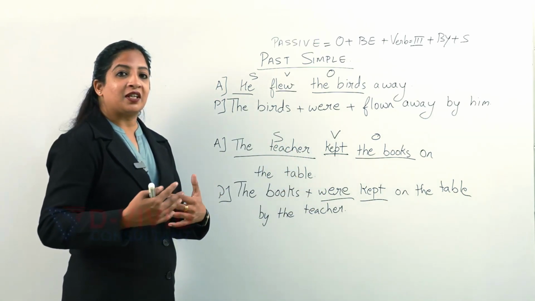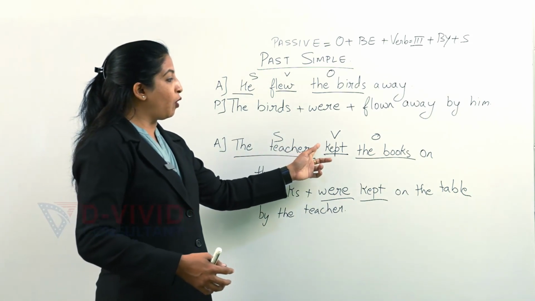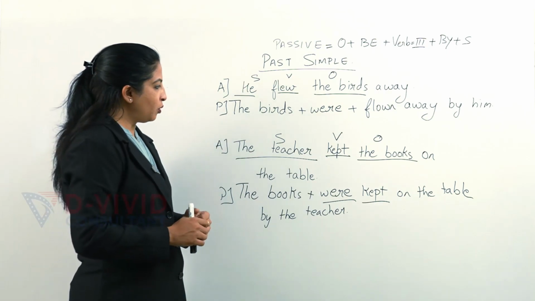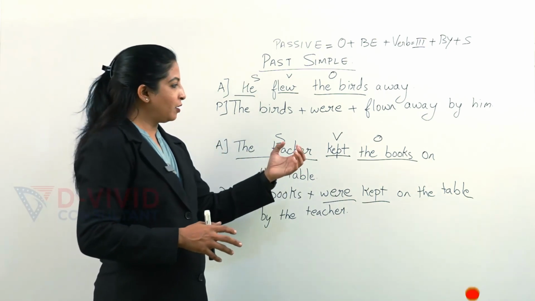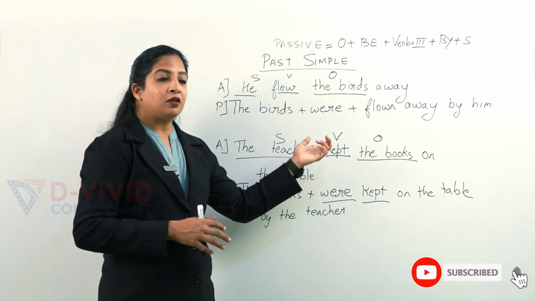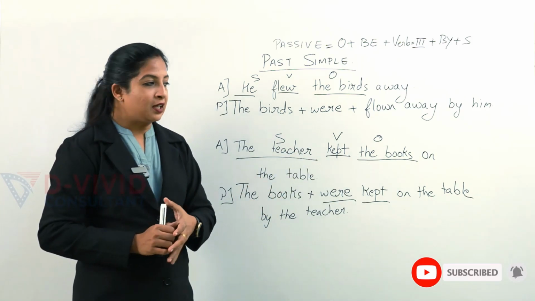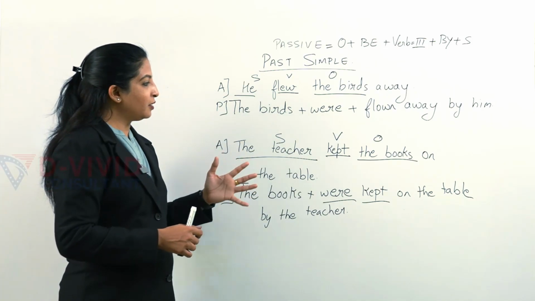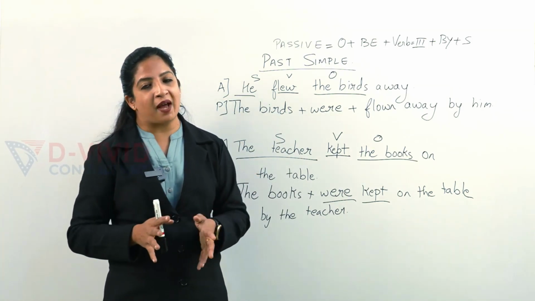What happens if I say, the teacher was kept the book on the table? Just by writing that one word was over here, the sentence loses its form. It can be neither active nor passive.